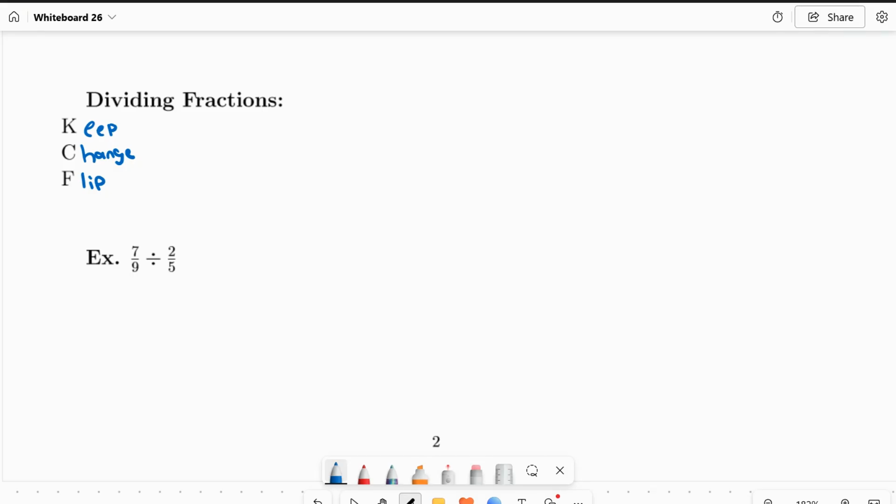How that works is you will keep the first fraction exactly how it's written. Then you'll change the sign from division to multiplication. And then finally, you will flip the second fraction.